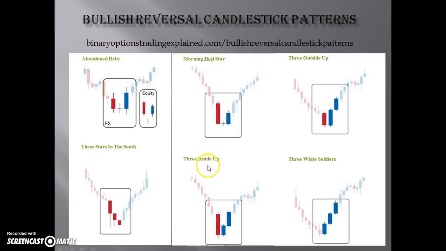Now we have the three inside up. The three inside up has the same indication and the same treatment as well. What you do in this case is, a bearish candlestick forms, and you wait for a bullish candlestick to form. That bullish candlestick opens and closes within the body of the bearish candlestick.